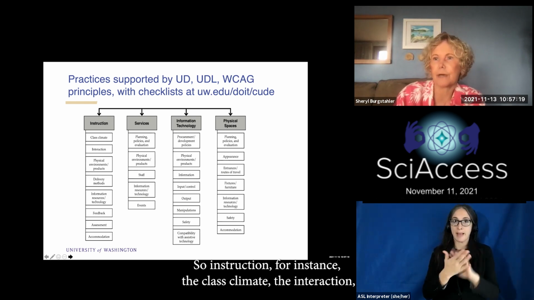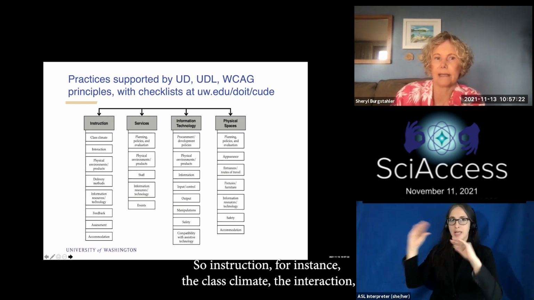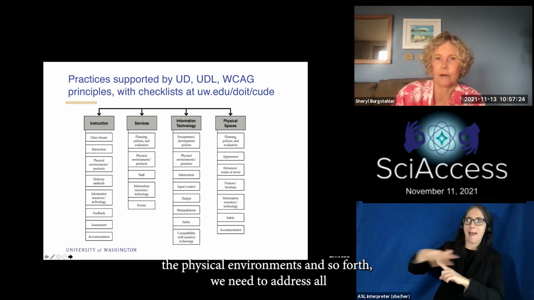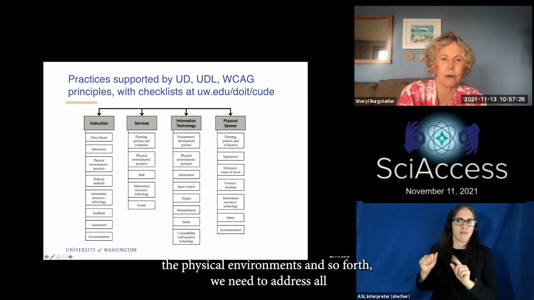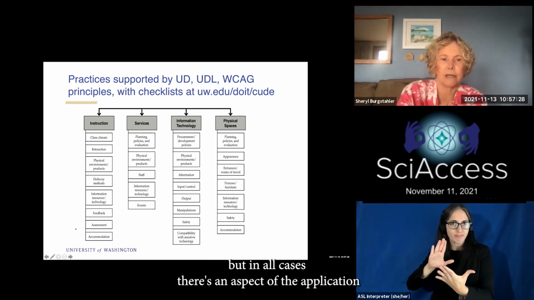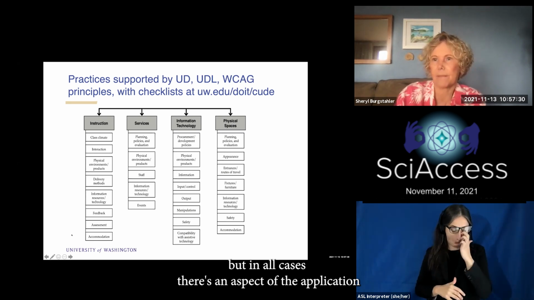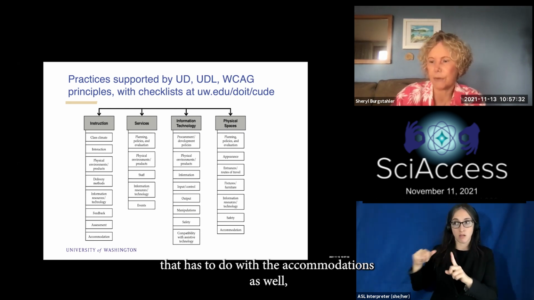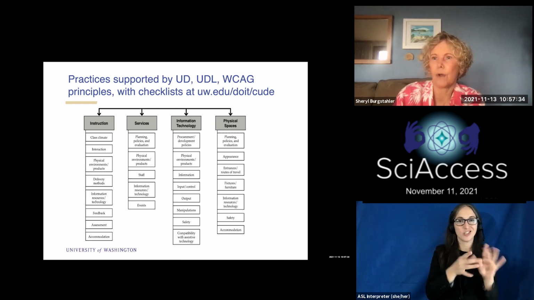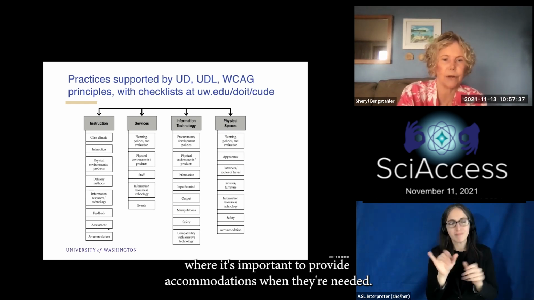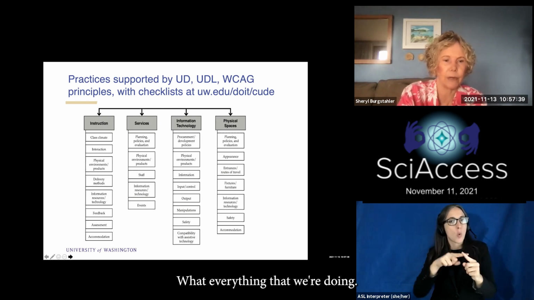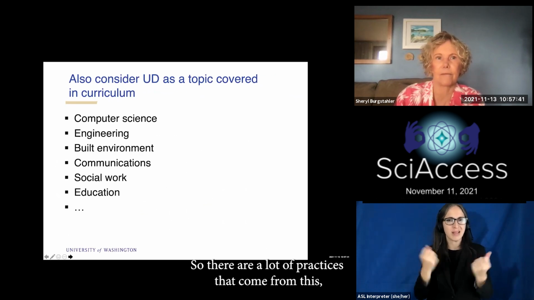So instruction, for instance, the class climate, the interaction, the physical environments, and so forth, we need to address all. But in all cases, there's an aspect of the application that has to do with the accommodations as well, where it's important to provide accommodations when they're needed with everything that we're doing. So there are a lot of practices that come from this.